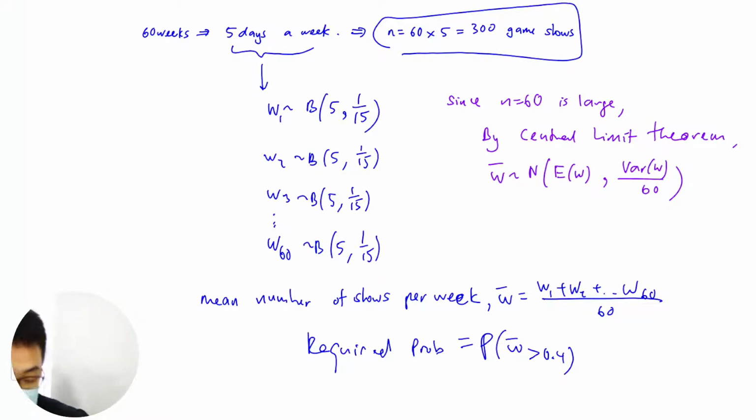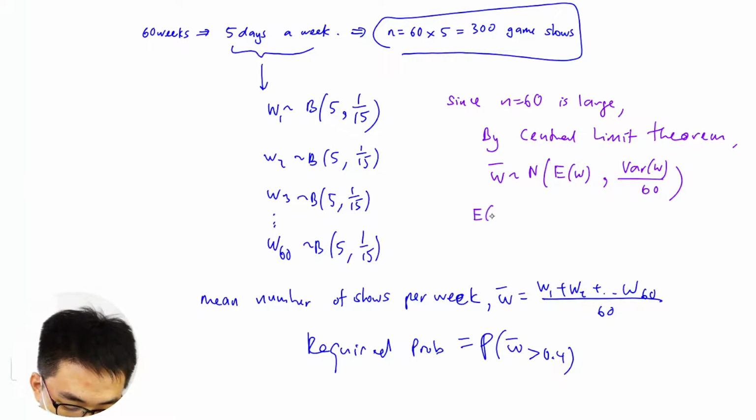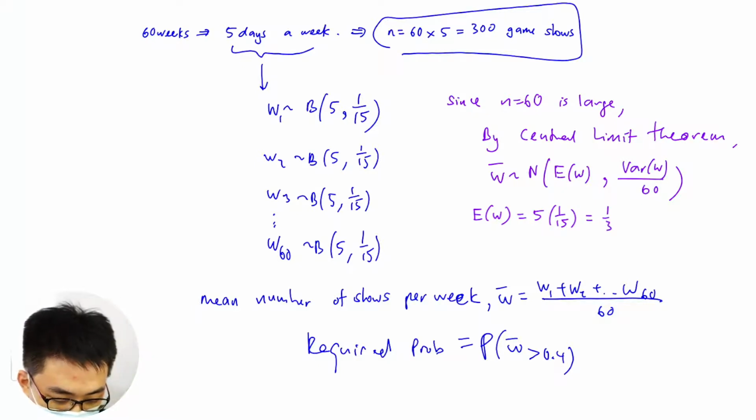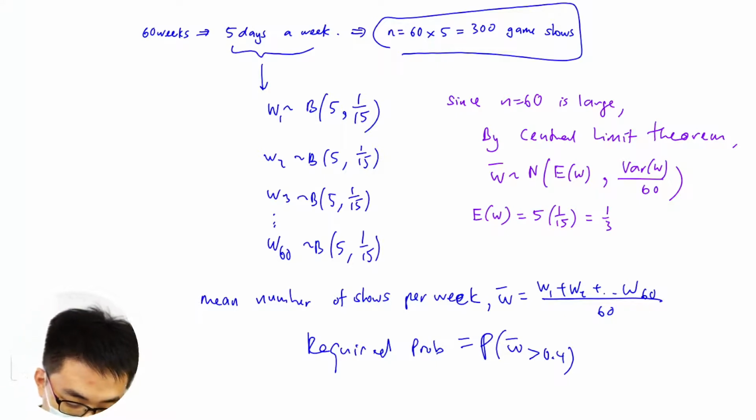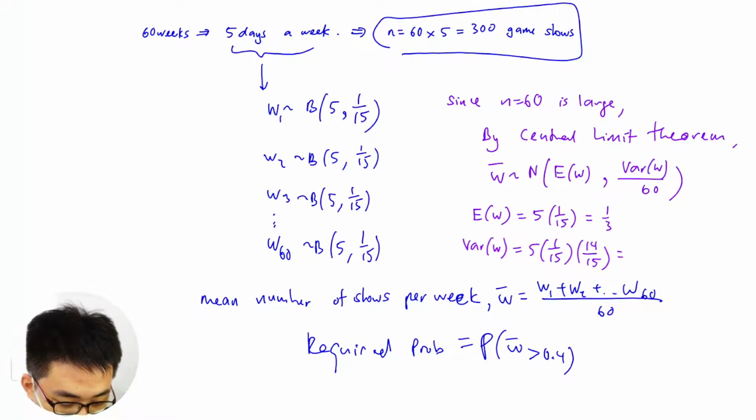E(W) is the expected W, which is 5 times 1 over 15, which is 1/3. Then the variance of W is 5 times 1 over 15 times 14 over 15, so this is 14 over 45.